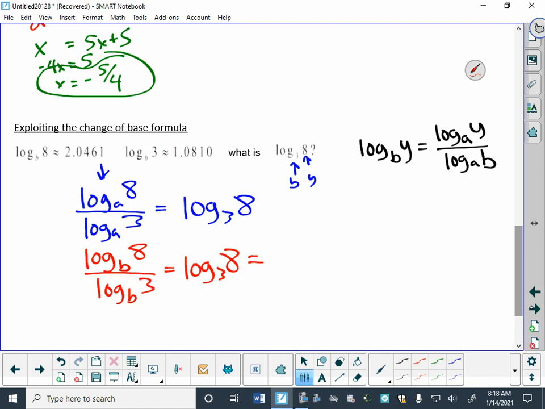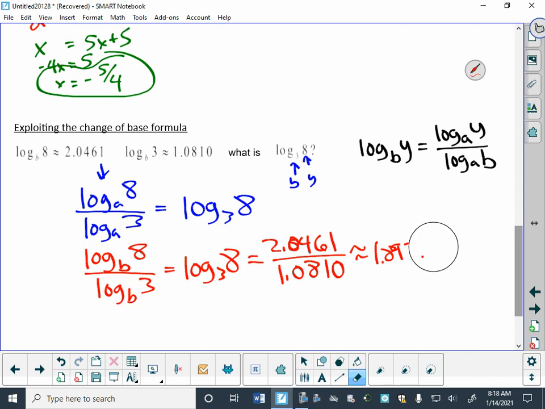And I know that the log base b of 8 was 2.0461 approximately. And I'm going to divide that by the log base b of 3, which is 1.0810. And so on my calculator, if I do that, I find that that is about 1.8928. I'm going to write that a little bit cleaner, 1.8928.